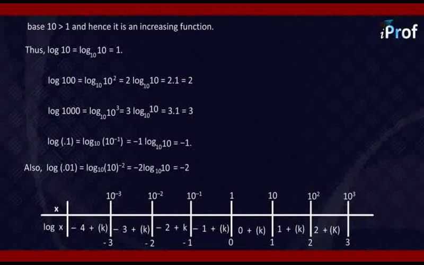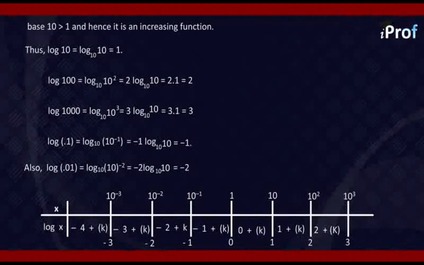And between 10 raised to the power minus 2 and 10 raised to the power minus 1, it will be minus 2 plus k. Similarly, between 10 raised to the power minus 1 and 1, it will be minus 1 plus k. Between 1 and 10, it will be of the form 0 plus k. This is called standard form.